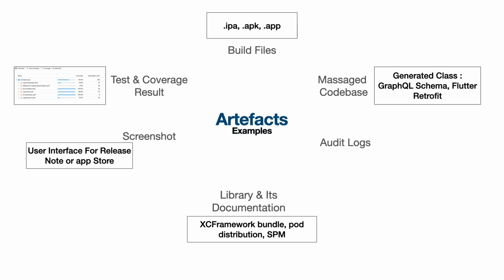Lastly, the library and its documentation. For every organization, the outcome may not be the mobile app. There are organizations which provide client libraries in order to connect to their services.